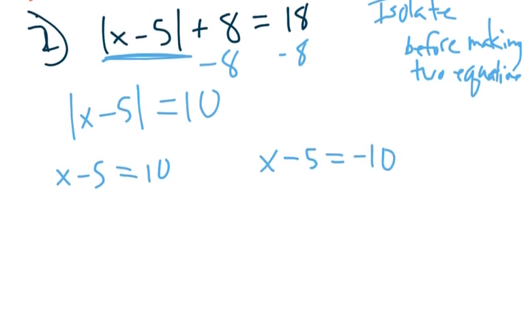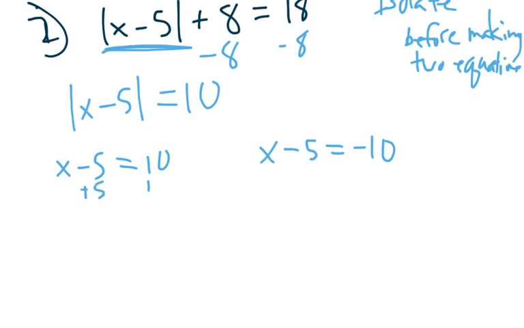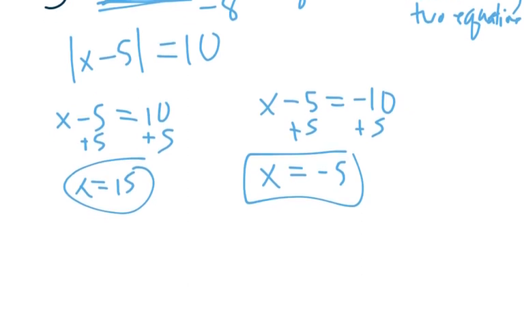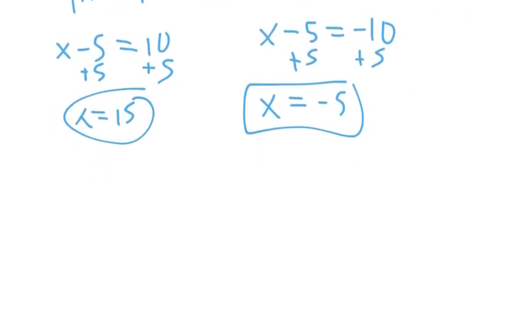Add 5 to both sides in both equations, so add 5, x would equal 15, or add 5 again, x would equal -5. Now the key here was making sure that we isolated the absolute value. So we needed to get this all by itself. Let's continue to kick this up a notch and see what happens.